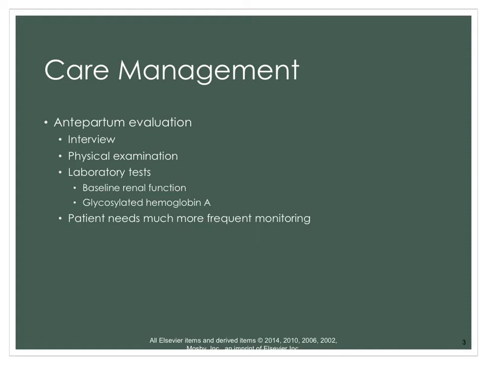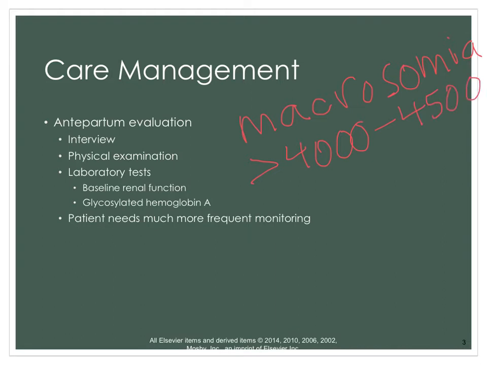This is a term that's not going to go away. You're going to see it. These are the ones I said were those fat little scrunchy, cute, puffy cheek, thigh babies. They are defined as a weight of more than 4,000 to 4,500 grams.